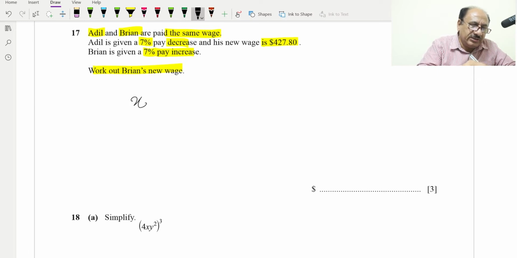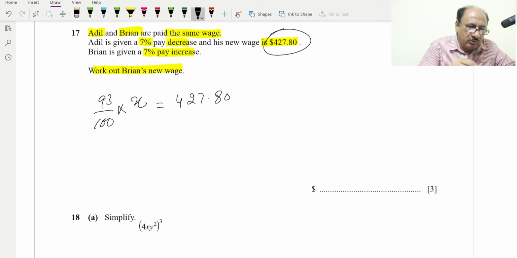So what does a 7% decrease mean? We can calculate 100 minus 7, which is 93. So 93 percent of x will be equal to this given value, $427.80.